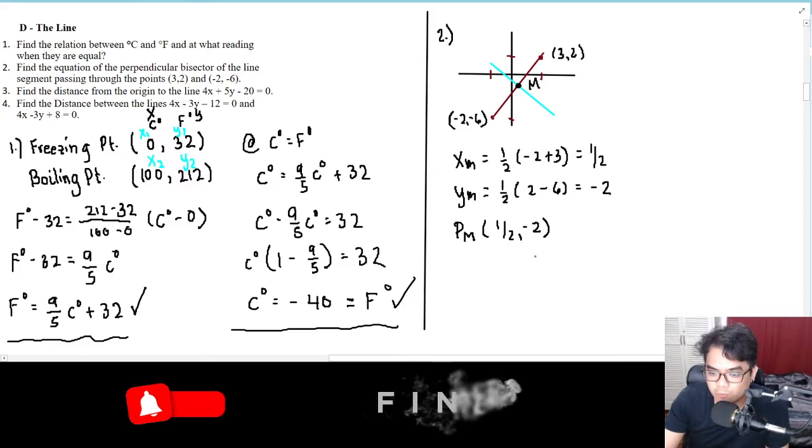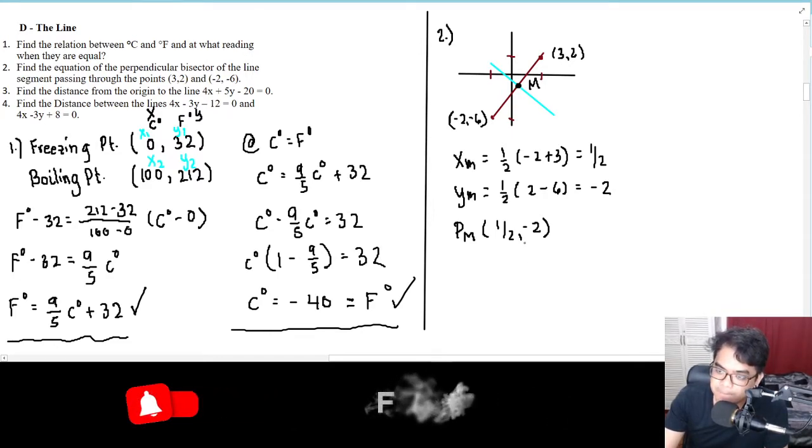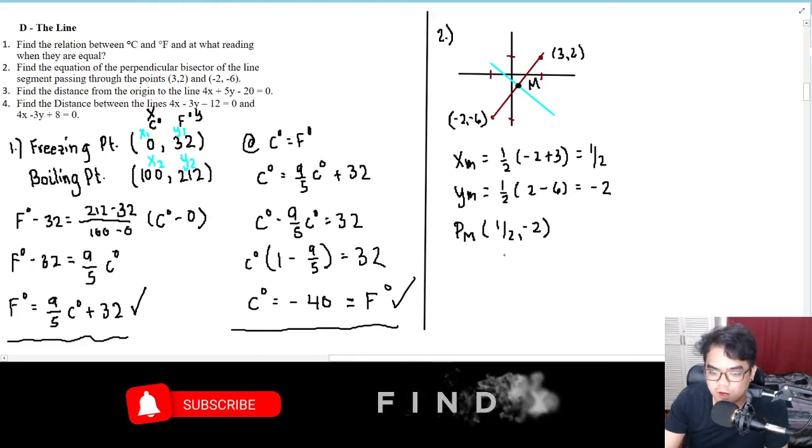Now, we already have one point of the perpendicular bisector line. Since they are perpendicular to each other, the relationship of their slopes is negative reciprocal. So let's try to get the slope of the first one.